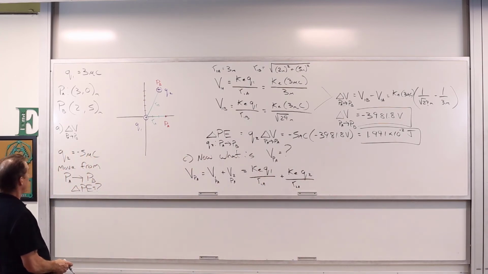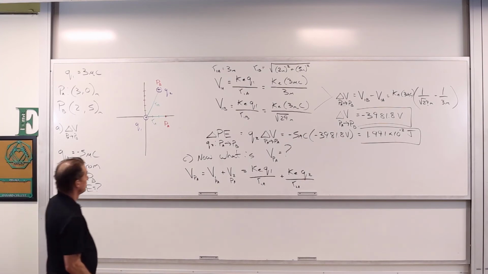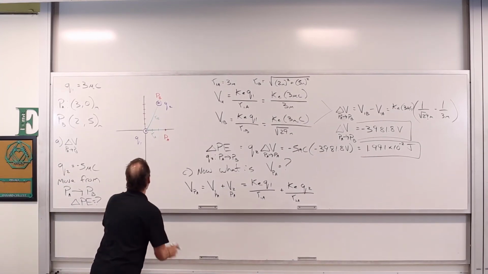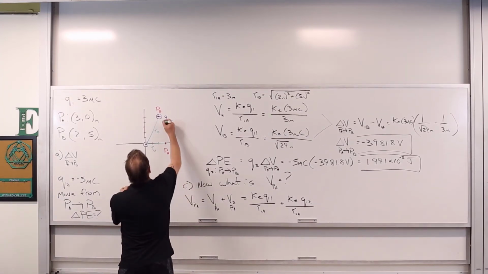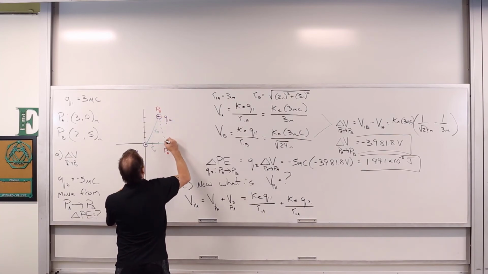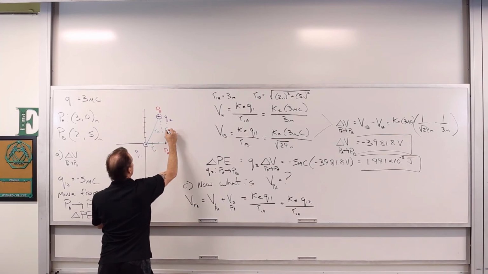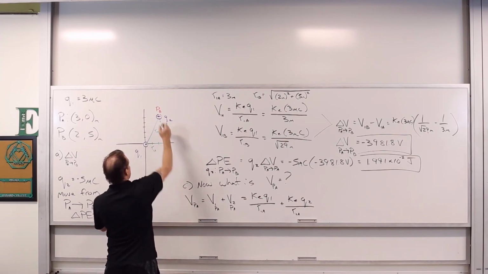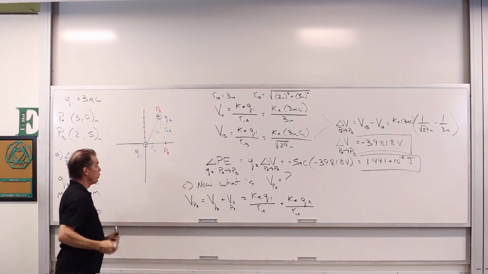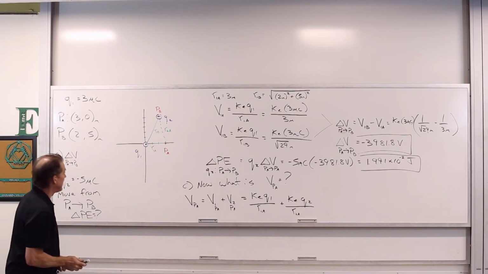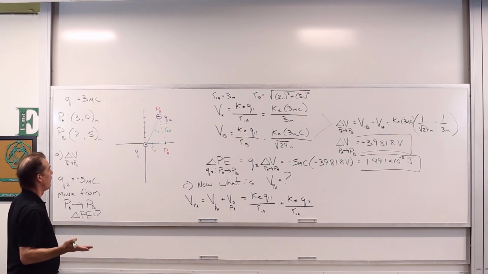Well, this is what we got to be a little bit careful of, is R's here. R2A is not the same as R1B. R2A, the distance from charge number 2 to that point, P sub A. So we need to figure out what that is.